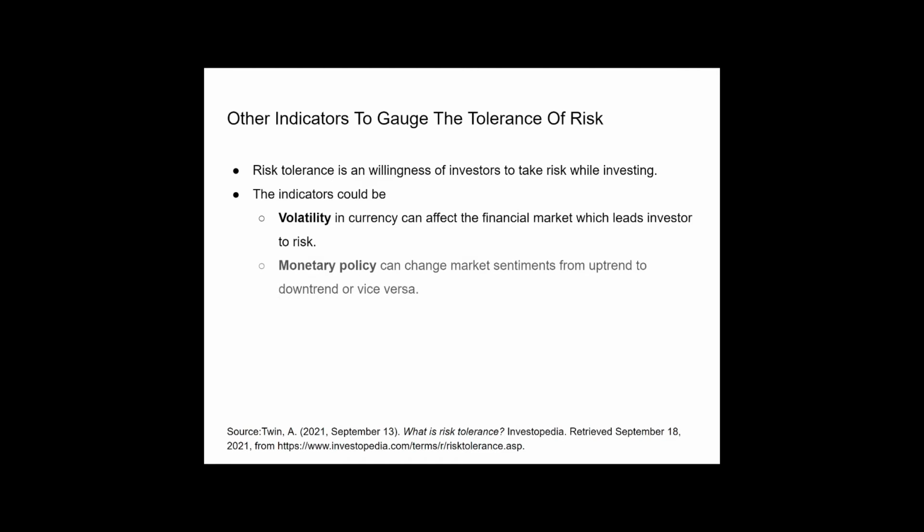Others can be monetary policy, which can change market sentiments and can also change the economic growth trend, which could lead to many other risks. The other is economic news, which can bring volatility in the market, which can lead to panic buying or selling in the market and could disfavor the investor's position.